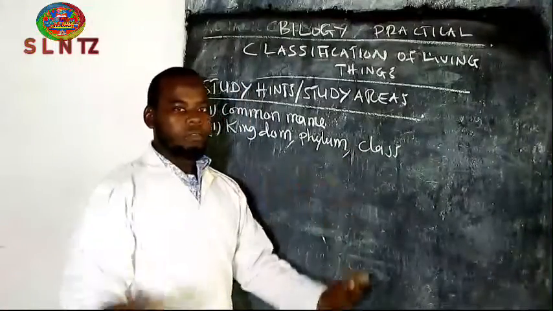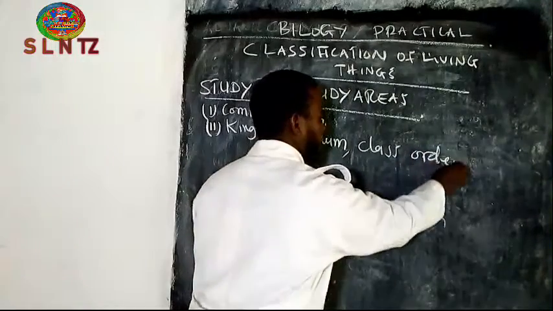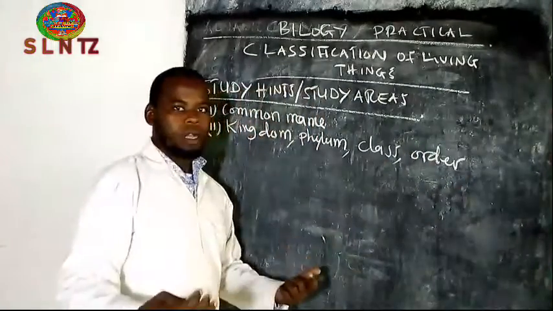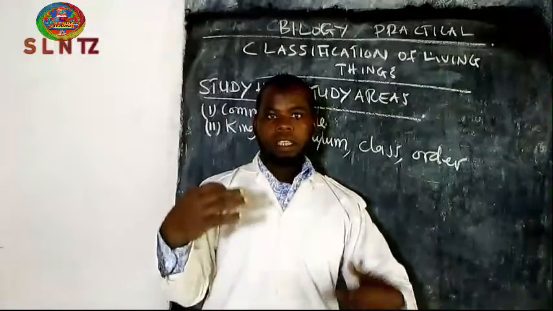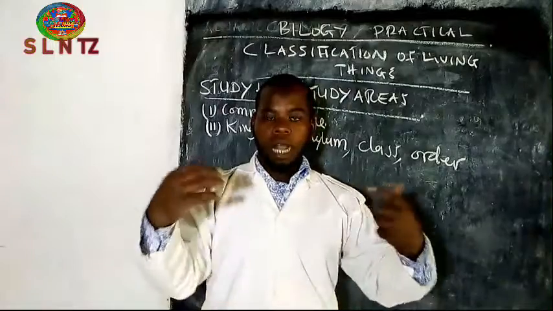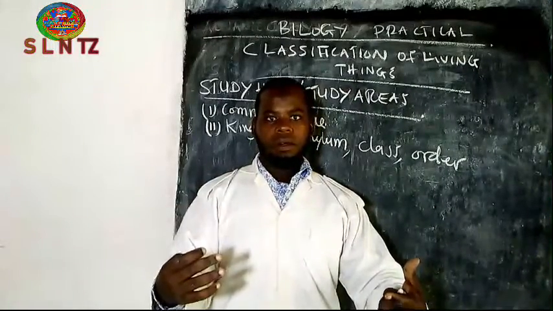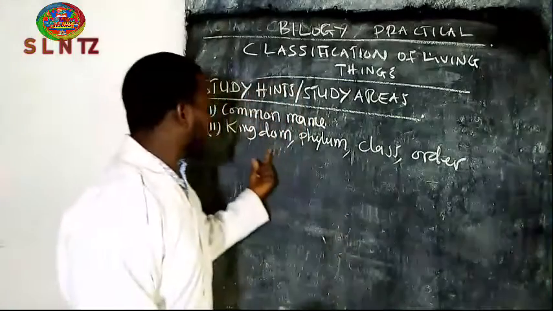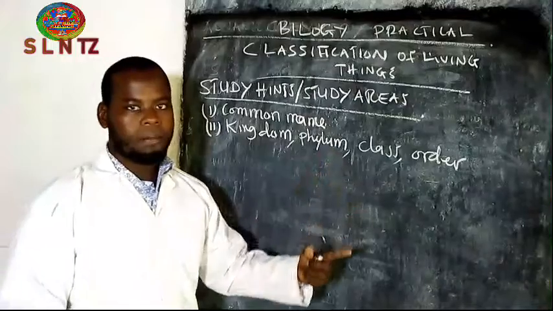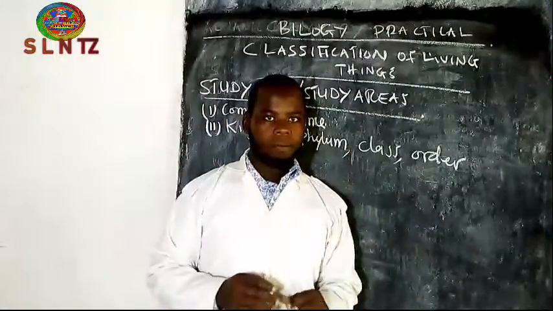If you go in advance also, you can study the order of organisms. So when you are going to study classification of living things, let's say a mossy plant, or rat, or mouse, or cockroach, grasshopper, you have to study the kingdom, phylum, class, order, because our questions lie in this section.